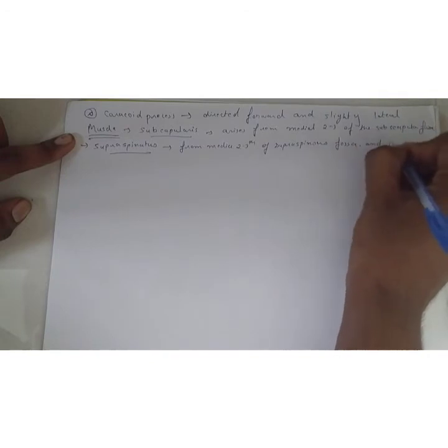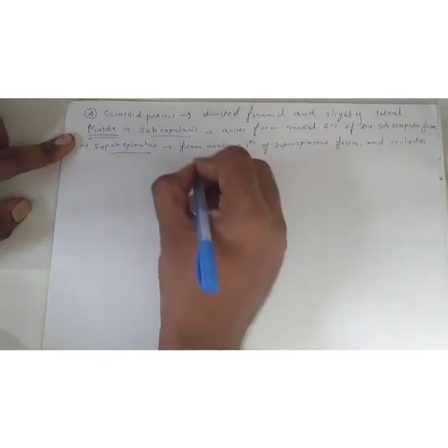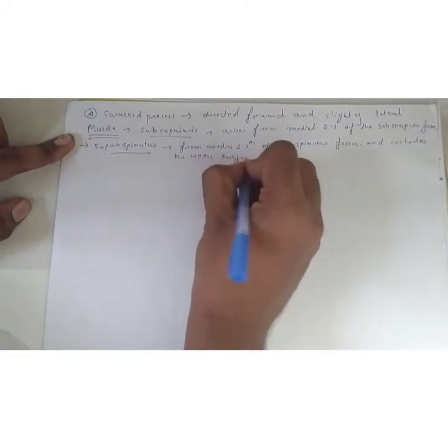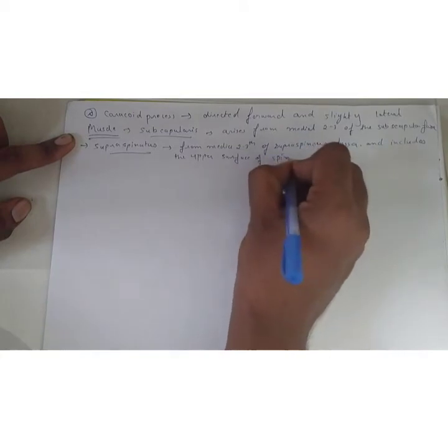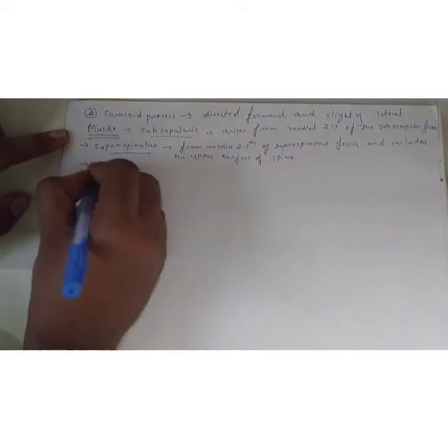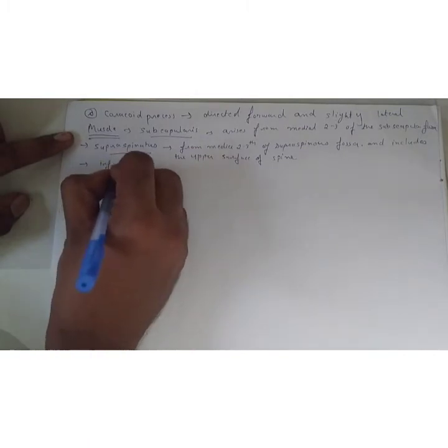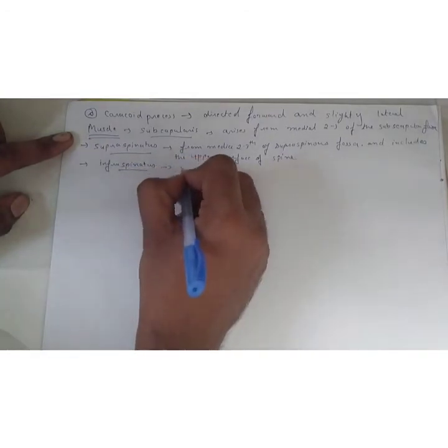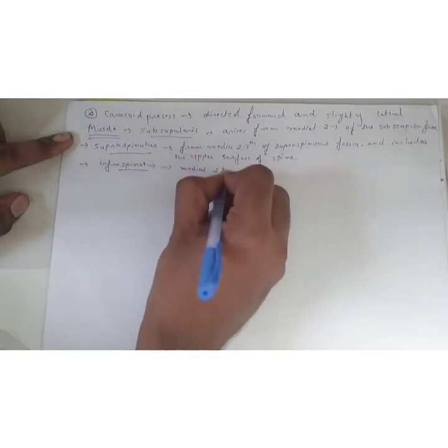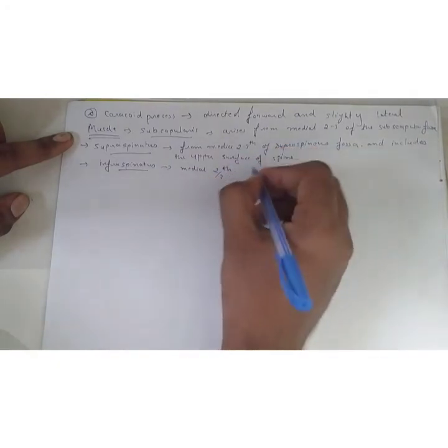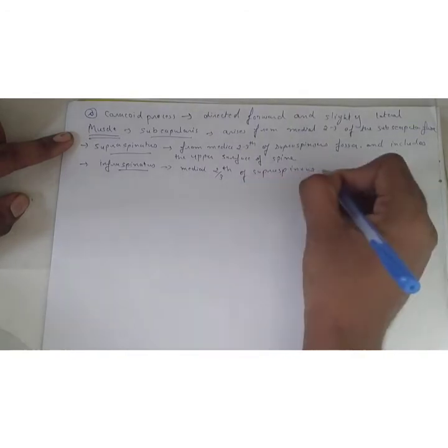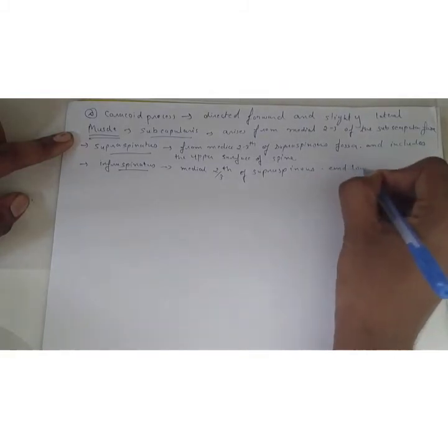And it includes the upper surface of the spine. Now the third one, infraspinatus. It arises from the medial two-thirds of the infraspinous fossa, at the lower part.